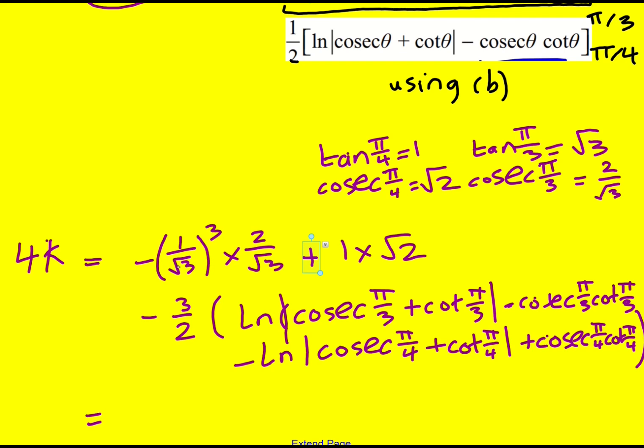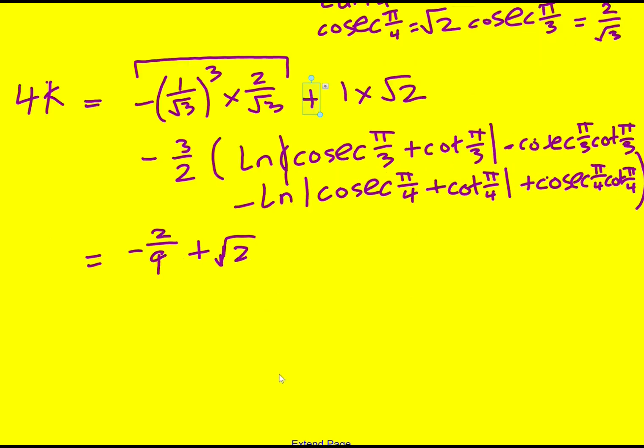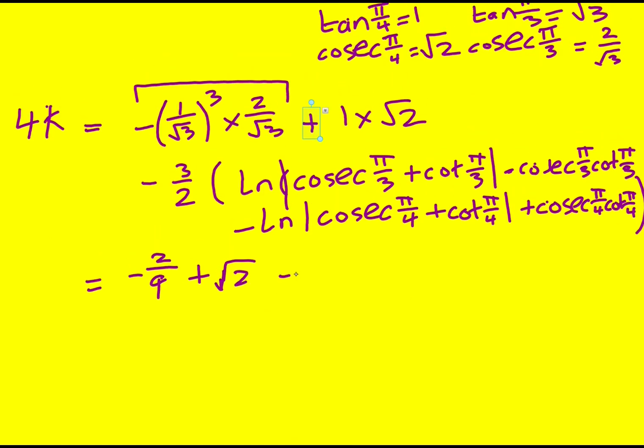Okay, I've got 1 over root 3, which is going to become 1 over 3 root 3. Then I times by it again. This actually is going to become minus 2 over 9. This term here. Then I'm going to add on root 2. Minus 3 over 2 ln modulus.